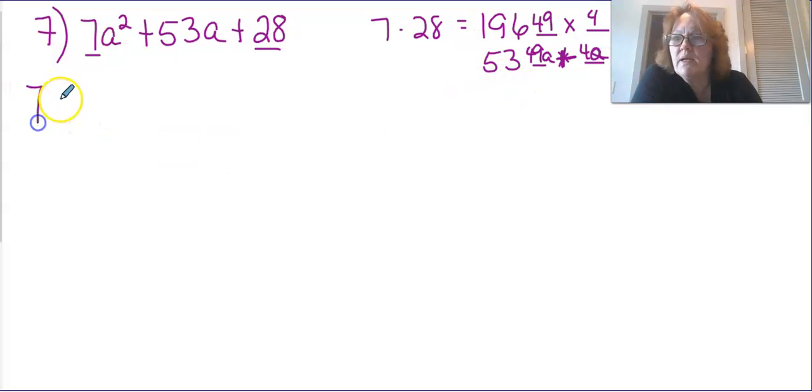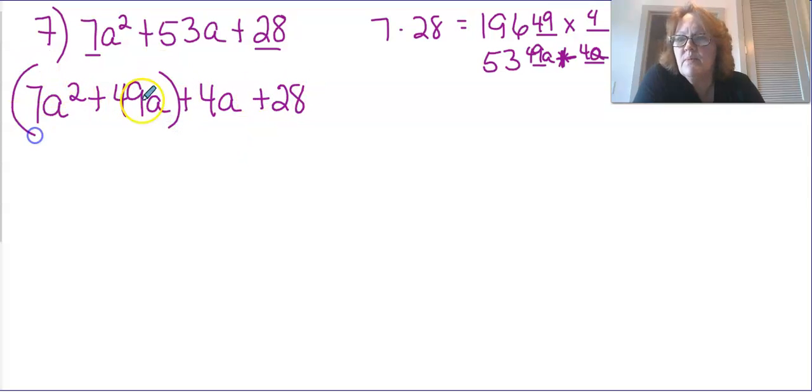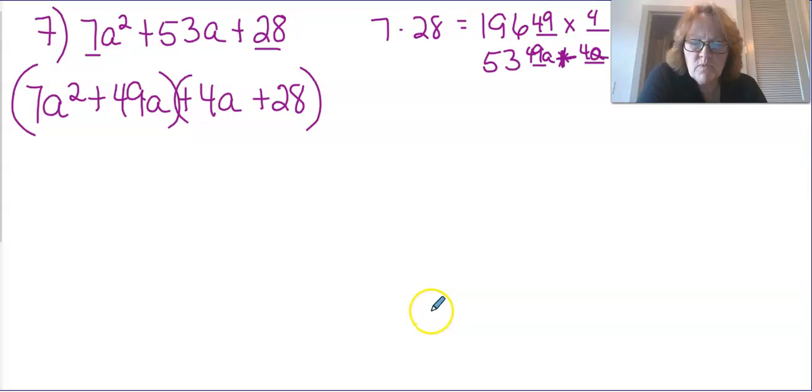So then when I rewrite it, 7a squared plus 49a plus 4a plus 28. So then I can divide these up into two binomials again and find the greatest common factor of each one. And I'm not going to finish this one, but I really just wanted to show you how to find factor pairs for a larger number if you need it.